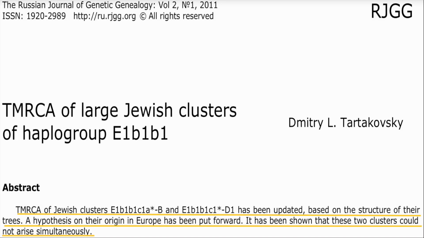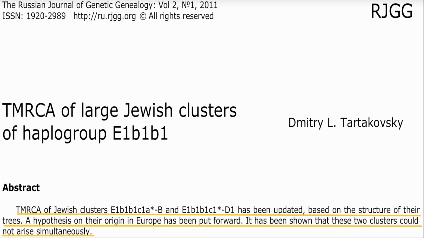According to the paper titled TMRCA of Large Jewish Clusters of Haplogroup E1b1b1, and it reads, TMRCA of Jewish clusters E1b1b1 C1a-B and E1b1b1 C1-D1 has been updated based on the structure of their trees. A hypothesis on their origin in Europe has been put forward.